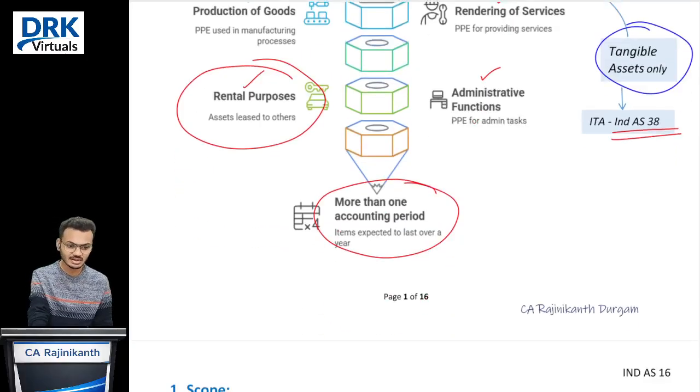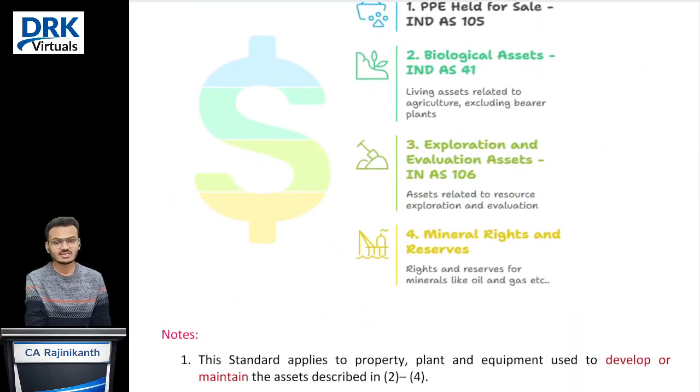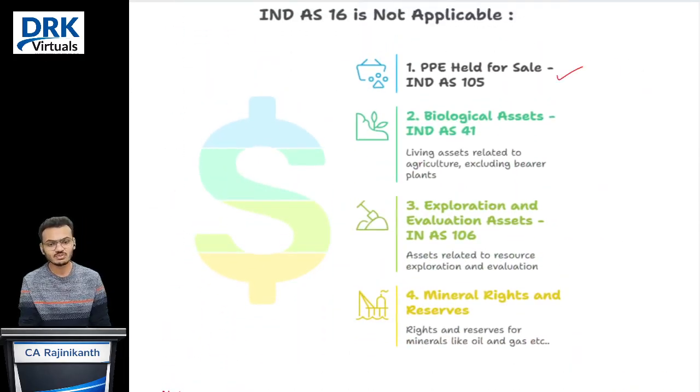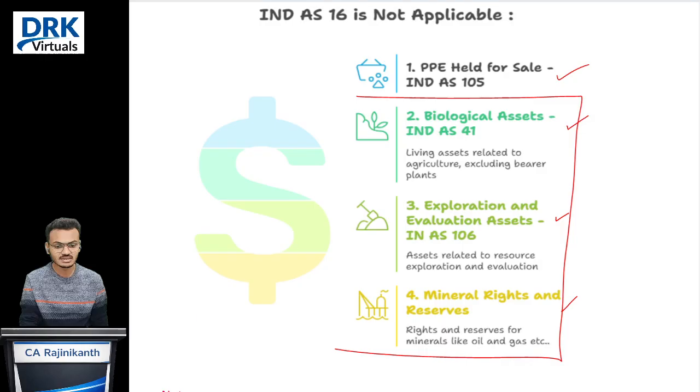Coming to the scope, this standard is not applicable to PPE held for sale, biological assets, exploration and evaluation assets, and mineral rights and reserves. But note that bearer plants, despite being biological assets, are covered by Ind AS 16 only. Clear? And one more thing, any property, plant and equipment that is used to develop or maintain these assets is also covered by Ind AS 16.